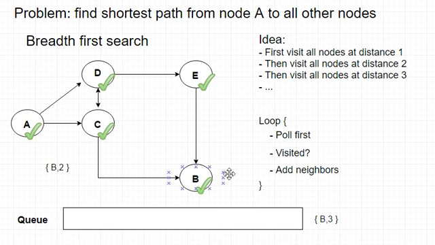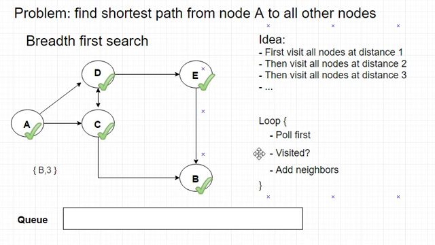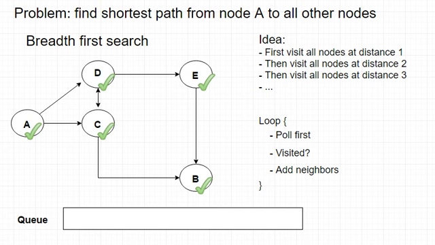And B doesn't have any outgoing arrows, so we're not going to add any neighbors this time, but we would if it had any. And then we will pull the last item from the queue, which is also for B. Have we visited B before? Yes, we have, so we will do nothing. And our queue is empty, so we are done. We have learned the shortest path from node A to all other nodes.